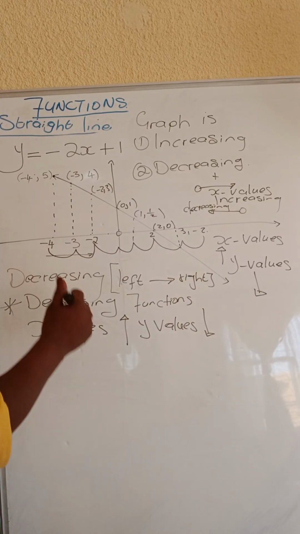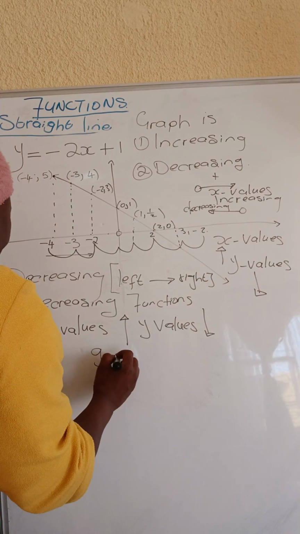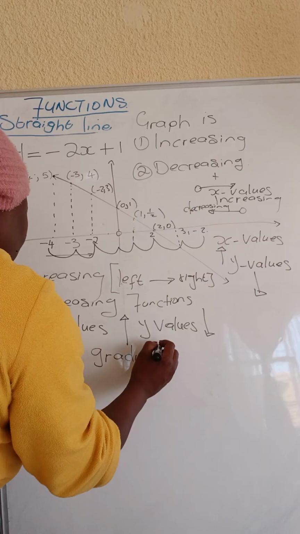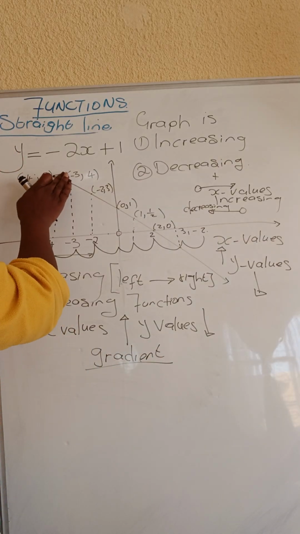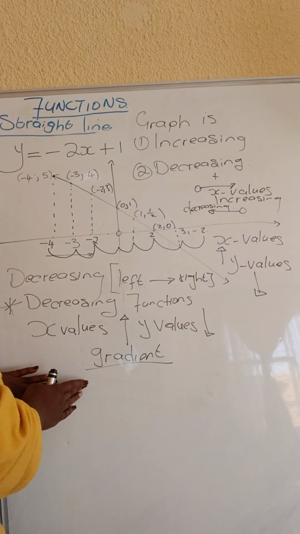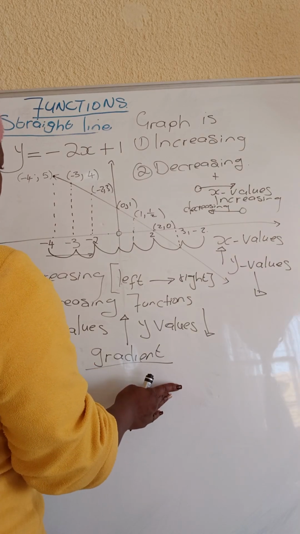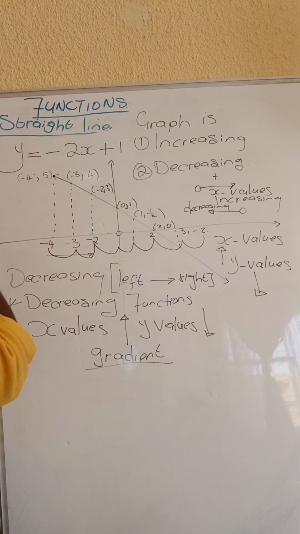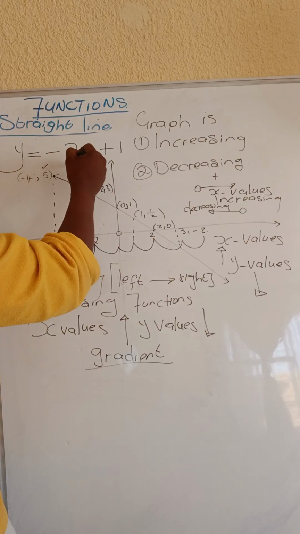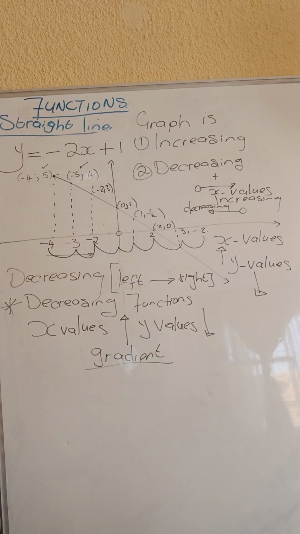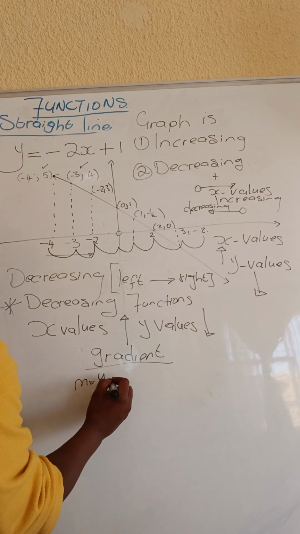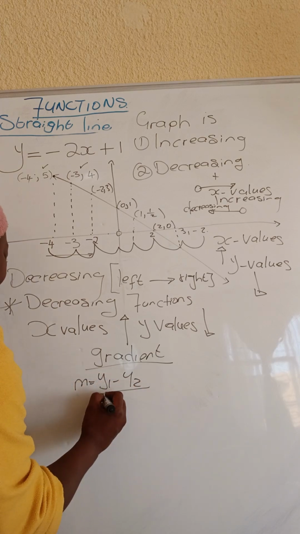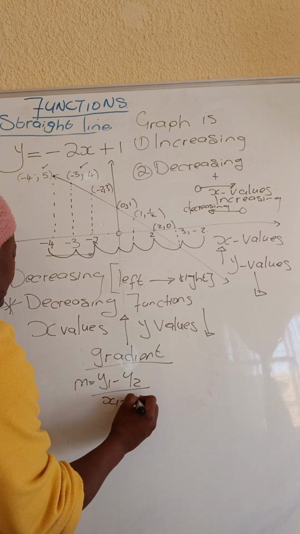Let us look at the gradient. When this function keeps decreasing, how is the gradient being affected? So I am going to calculate the gradient between these 2 points. First, remember that gradient is (y1 minus y2) divided by (x1 minus x2).